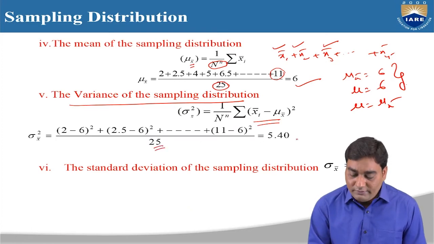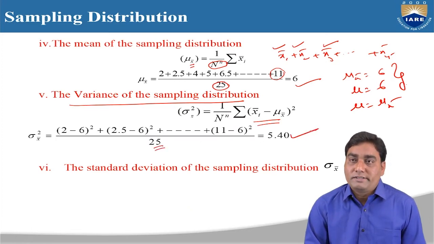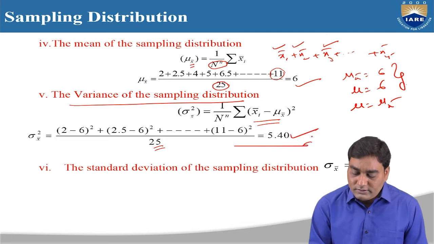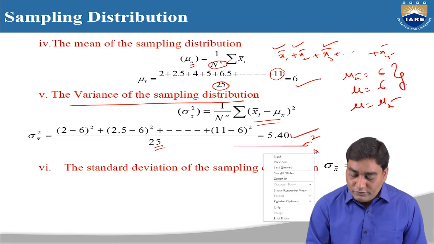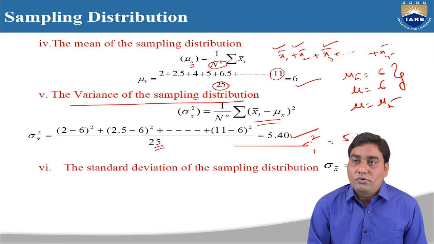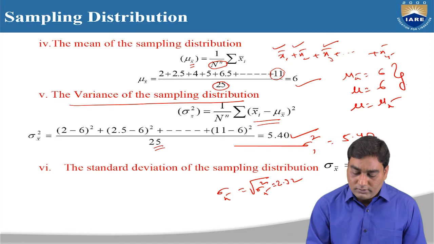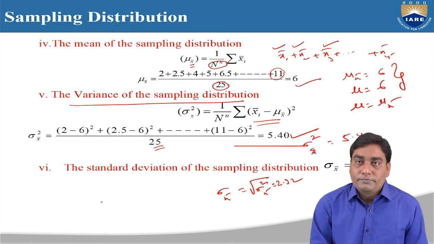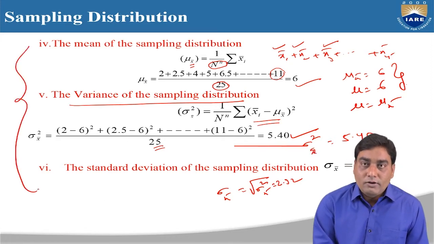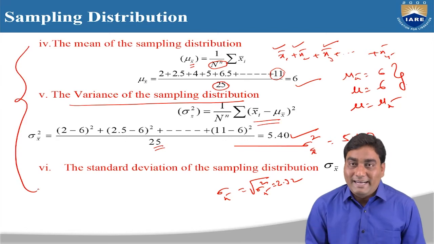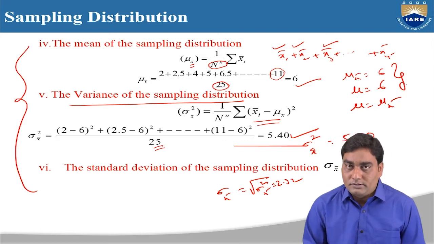If we simplify, we get 5.40. So the variance of the sampling distribution is 5.40. The standard deviation sigma x bar equals the square root of sigma square x bar, which is 2.32. So these three we find after getting the mean of all the samples.